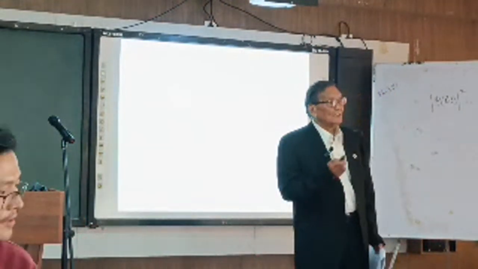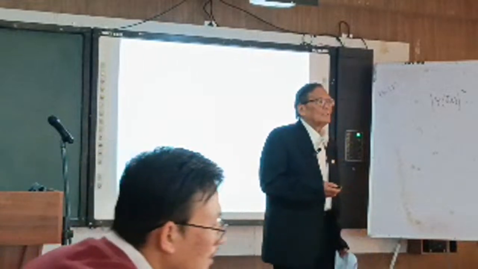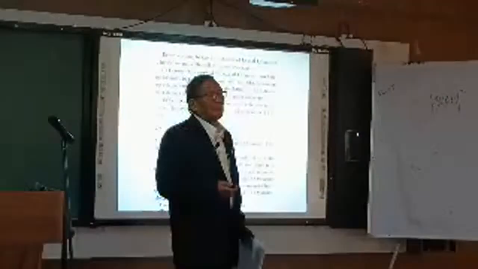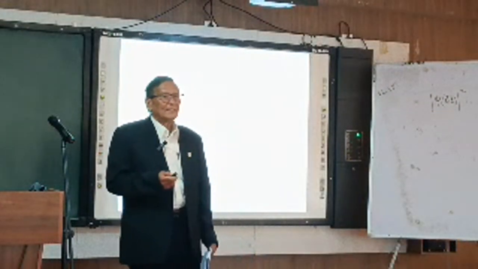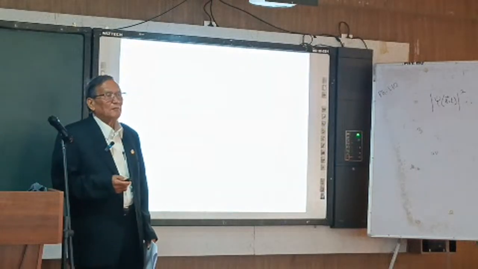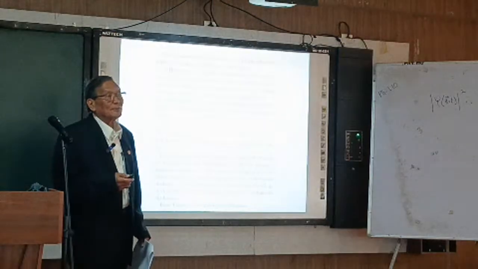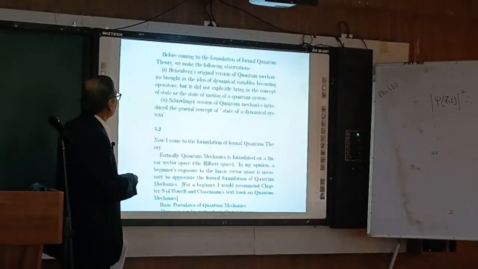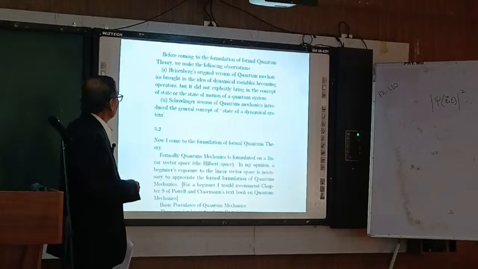But in Schrodinger's approach, in wave mechanics, the idea of representing dynamical variables by operators is not there, but the concept of the state of the physical system was there. The Schrodinger version introduced the general concept of the state of a dynamical system.